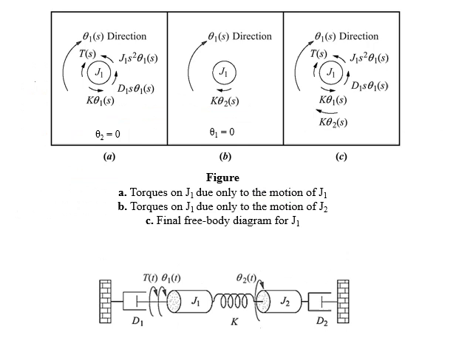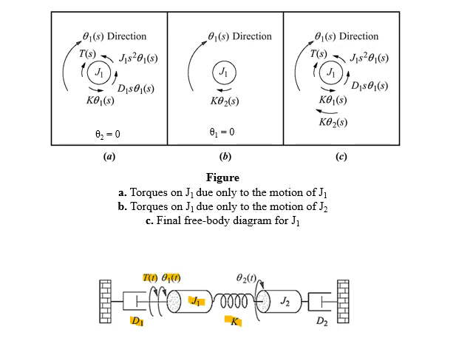Dear students, in this slide we will study the free body diagram for the first test point J1. If you look at the figure of the rotational mechanical system, J1 is attached to a viscous damper D1 and a spring K. An external torque is applied on point θ1.